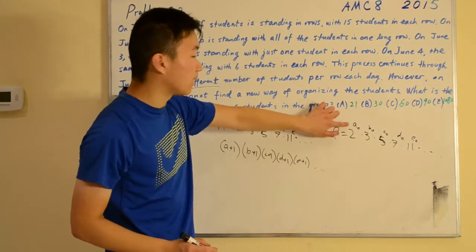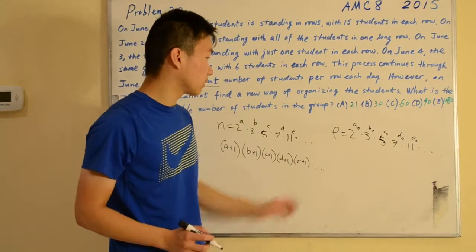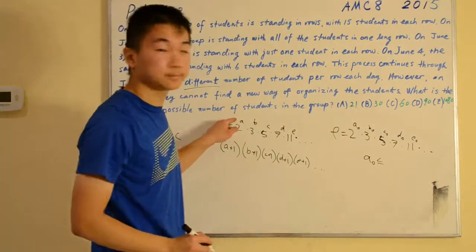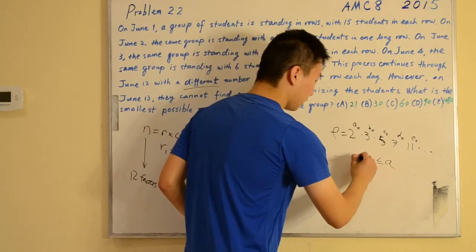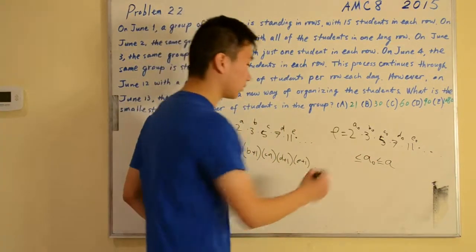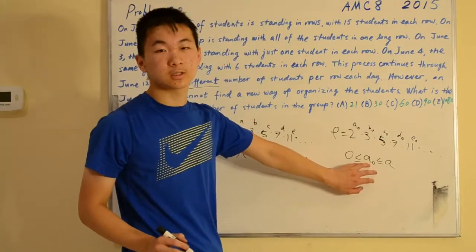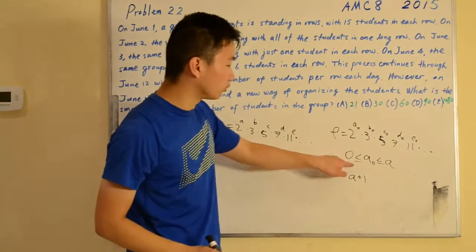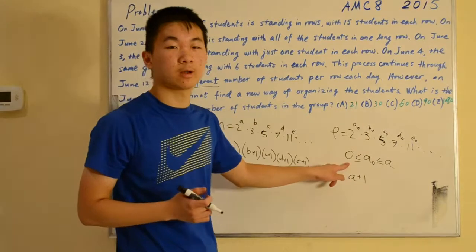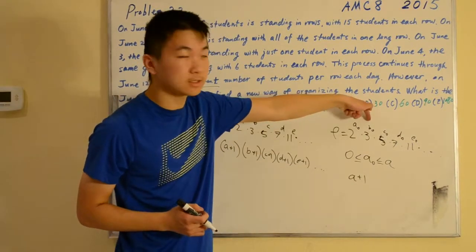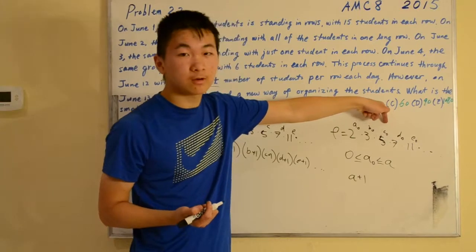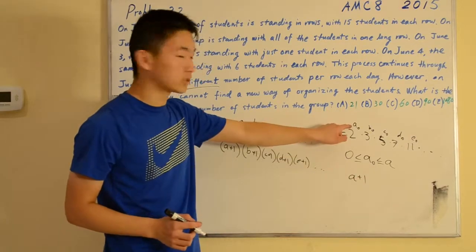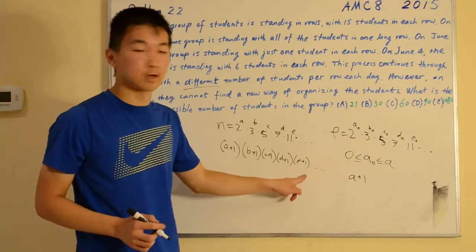So the number of choices for a0: a0 must be less than or equal to a. a0 must also be greater than or equal to 0. So the number of choices for a0 is a plus 1 because the total number of integers in this range is a plus 1. Similarly, the number of choices for b0 is b plus 1. For c0, it's c plus 1, and so forth. So we multiply the number of choices for each term, and we get this product.